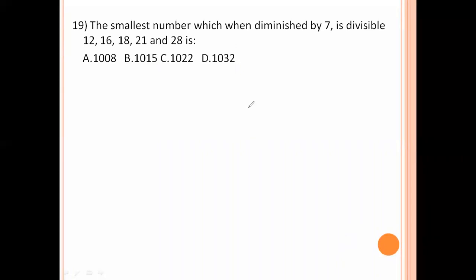The smallest number which, when diminished by 7, is divisible by 12, 16, 18, 21 and 28. First find the LCM of 12, 16, 18, 21, 28. Now subtract 7. This one is not divisible by 16.